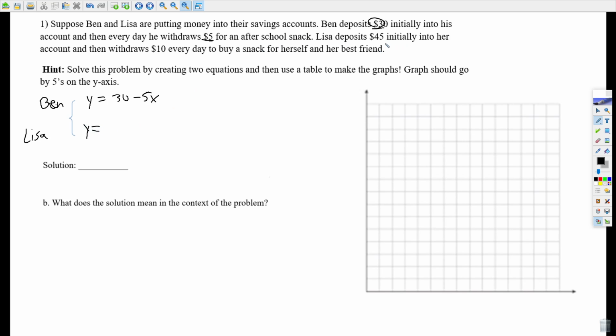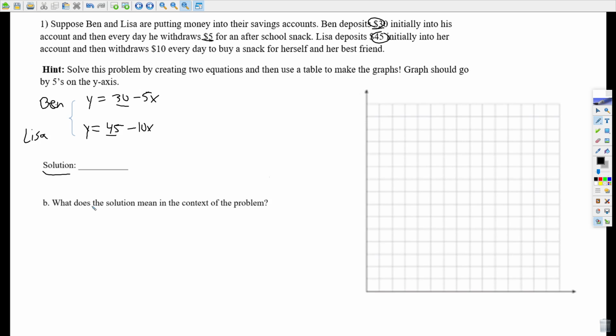Lisa is starting with a little bit more. She starts with 45. But then hers is going down $10 every day, so minus 10x. So then when you graph this, just make sure that you can get up to 30 and 45. And then you're going to be going down 5 over 1, down 10 over 1, depending on your scale. You graph it and see where they intersect.